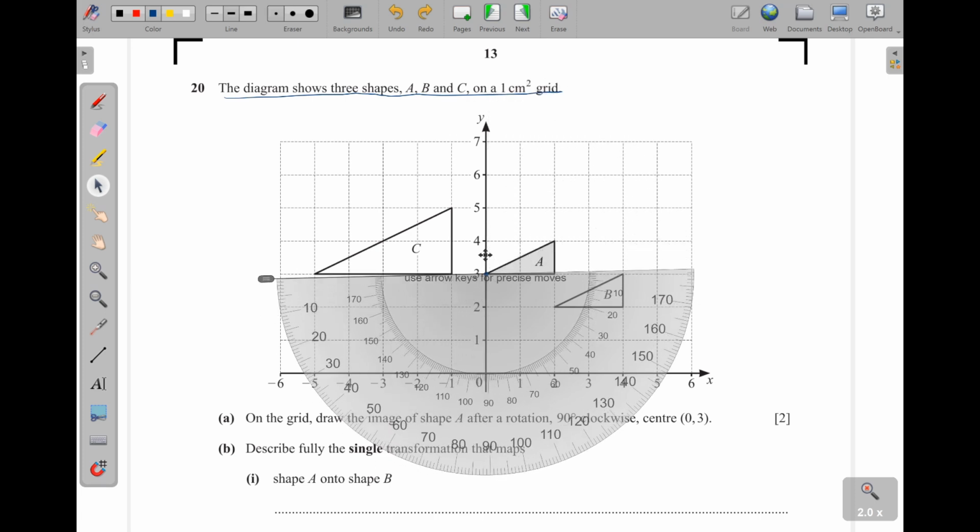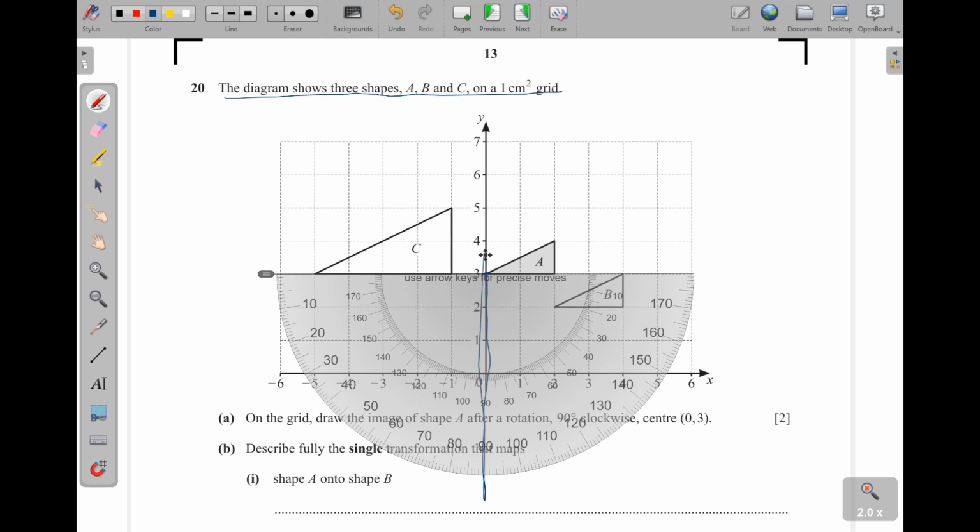Okay. In fact, let me put it here. Then 90 is here. Okay. So if this one goes here, 2 squares, then I'll go 2 squares on this 90. See that? So that means I'll get this point here.